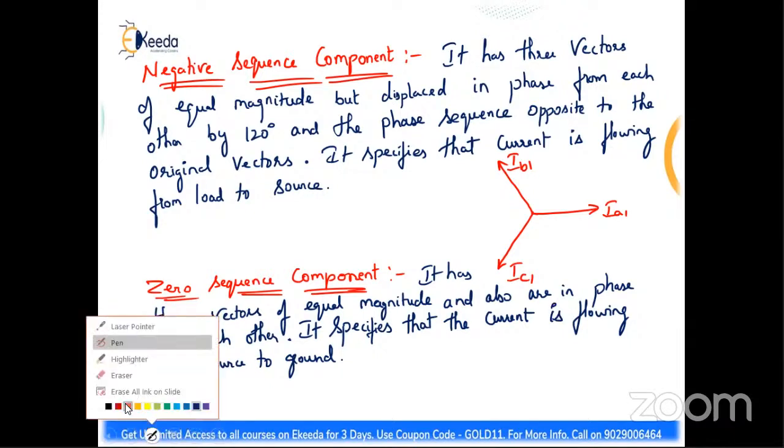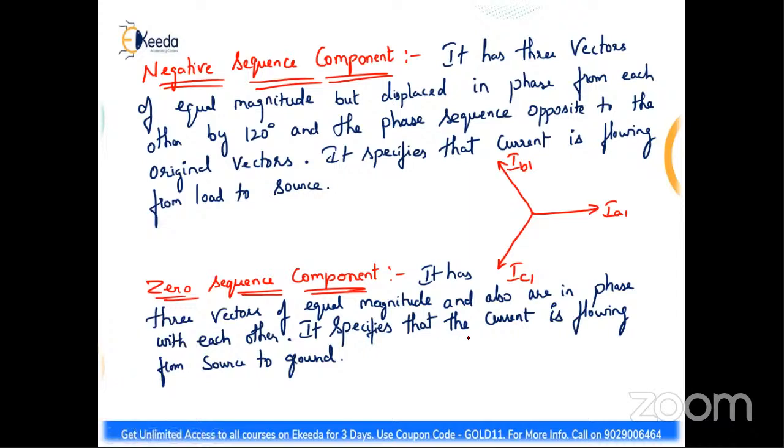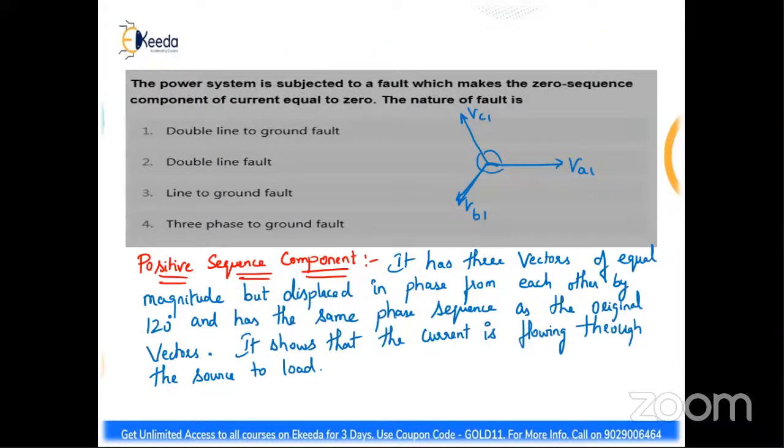Current is flowing from source to load. Okay, so these are the three vectors. They are in phase with each other, but their magnitude is the same, equal magnitude, but in phase with each other. Okay. The power system is subjected to a fault which makes the zero sequence component of current equal to zero.